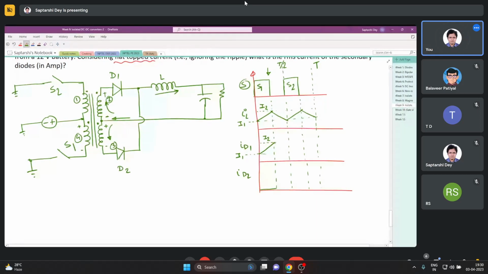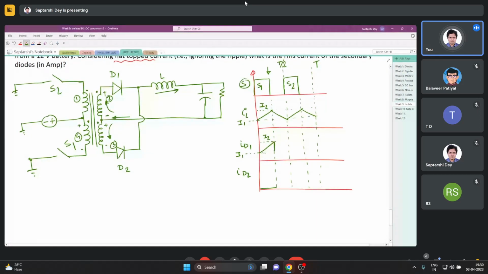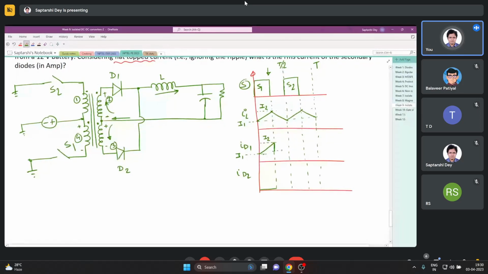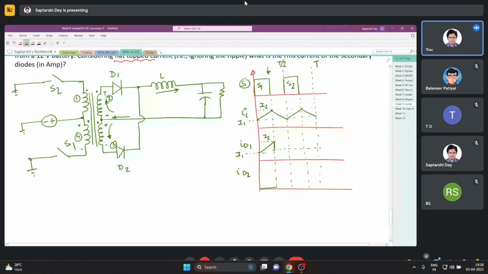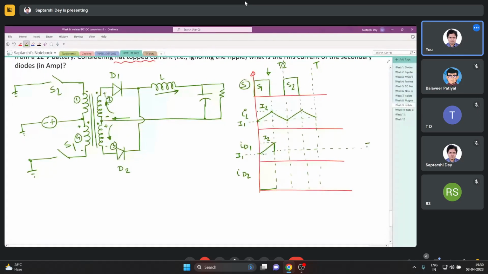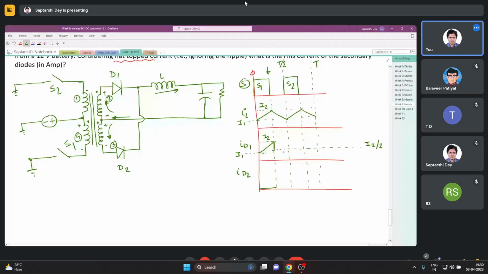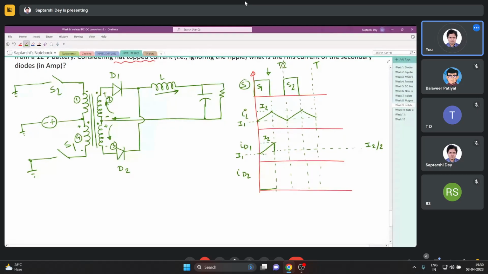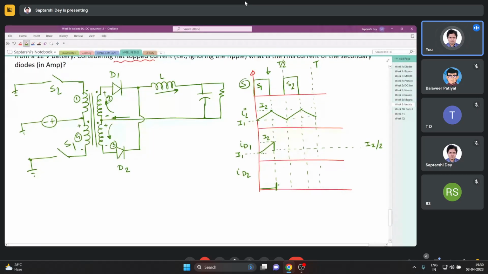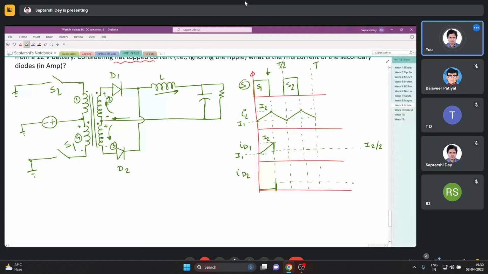So from I2 it jumps to I2 by 2, and the same I2 by 2 flows through the diode D2 also.